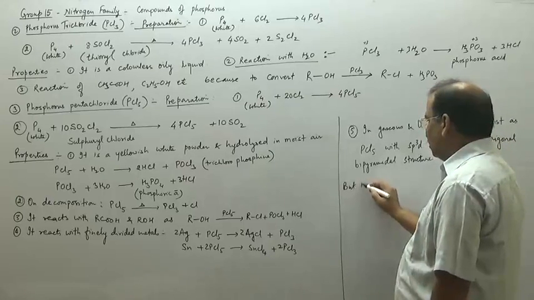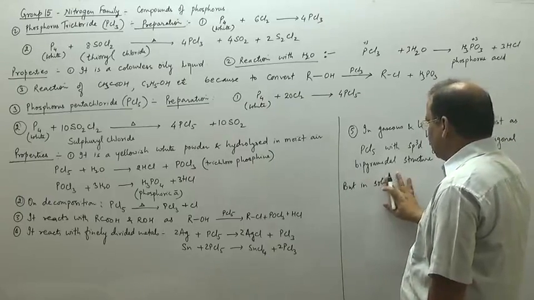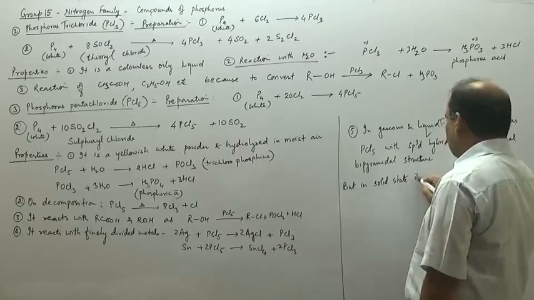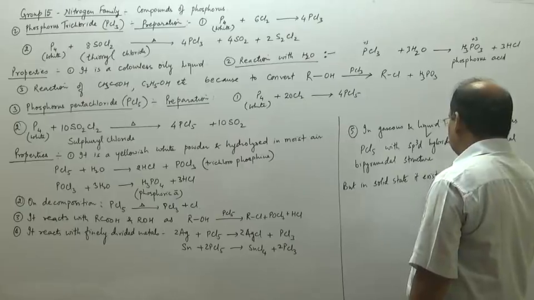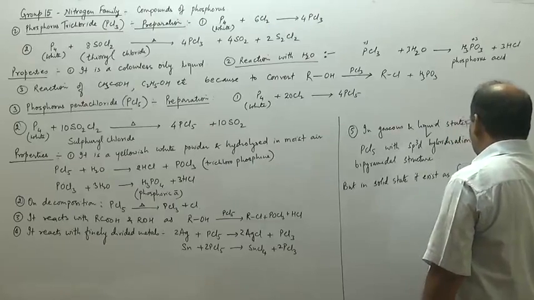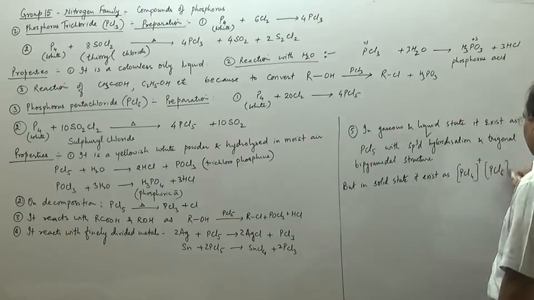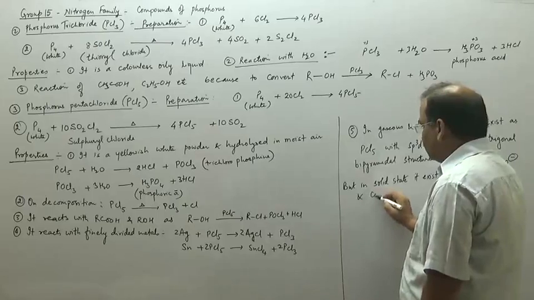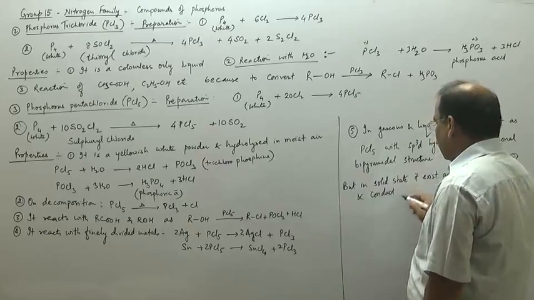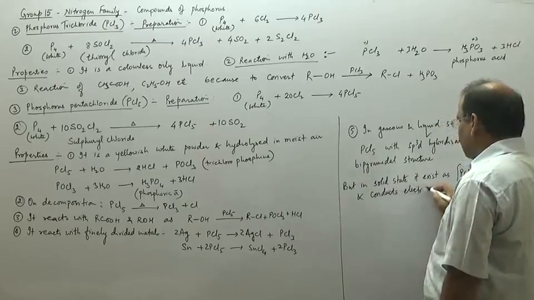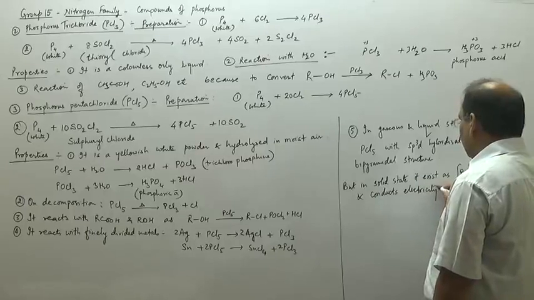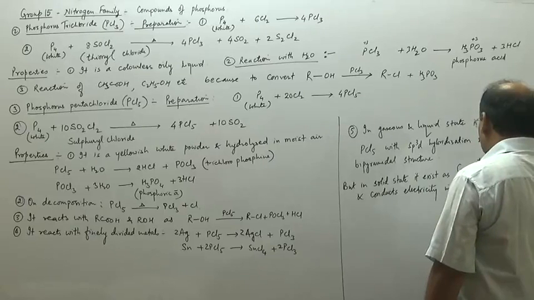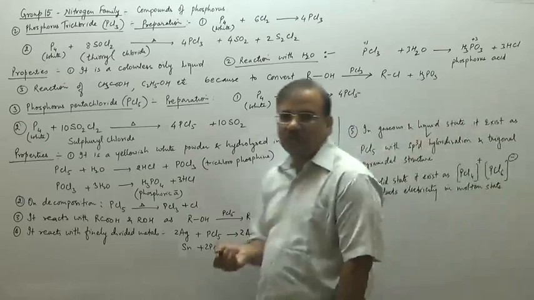But in solid state, it exists as PCl4 positive and PCl6 negative. So in the solid state it exists like this and conducts electricity in molten state. That was the reason it conducts electricity. So it is like that for PCl5.